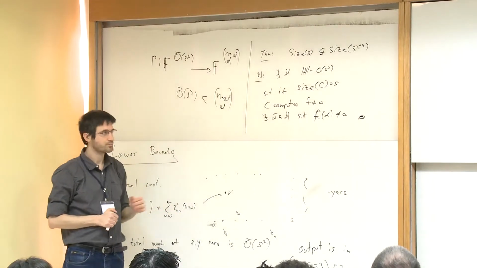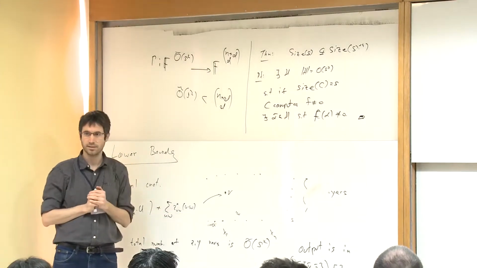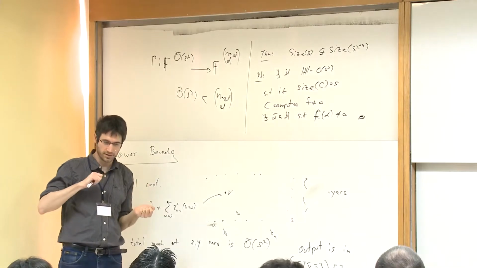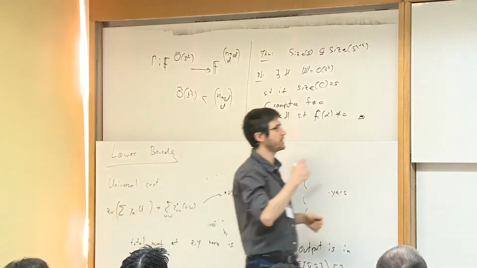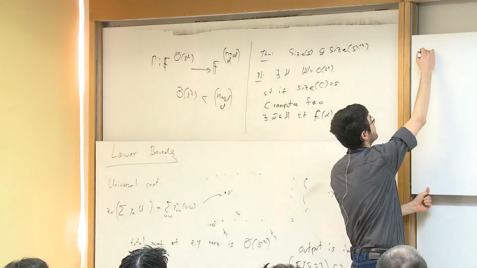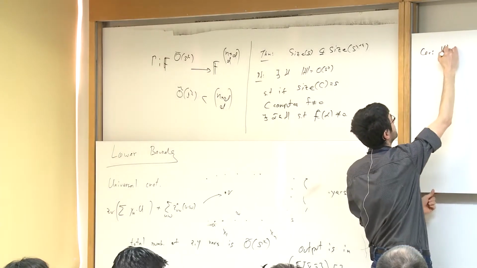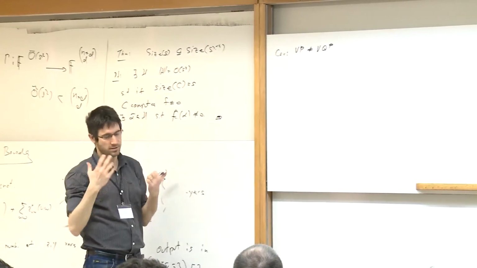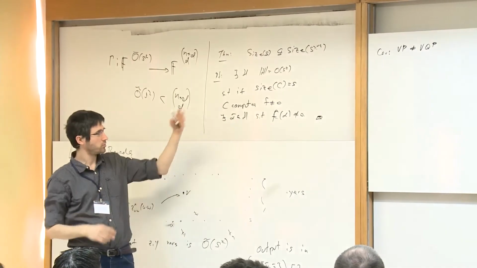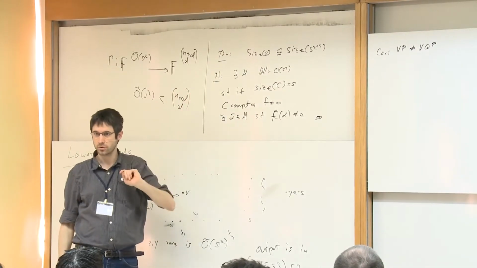So yesterday we spoke about VP and VQP, and this implies, as a corollary, that VP is not VQP. So this tells us that yes, the two classes are not the same.